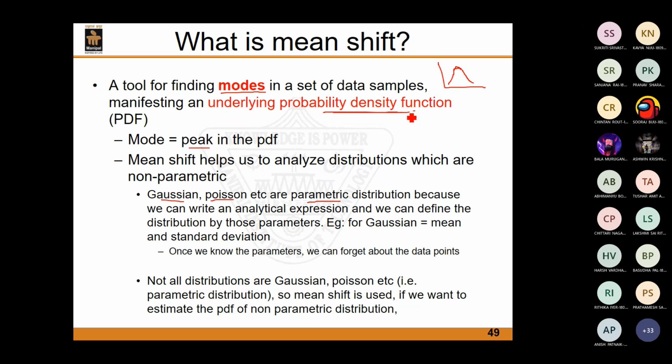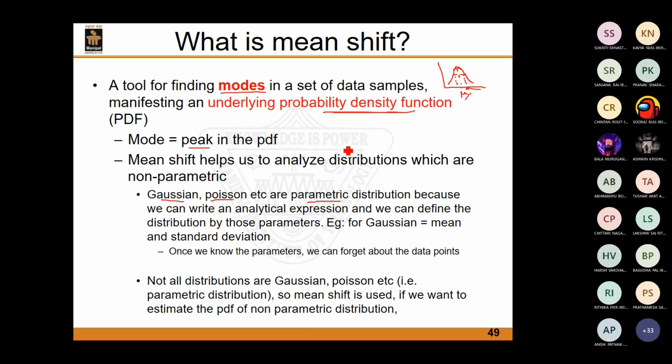For example, for this PDF you can have the mean and the standard deviation. Two parameters would be sufficient to describe the whole of the PDF.